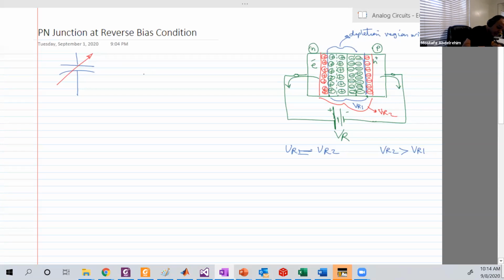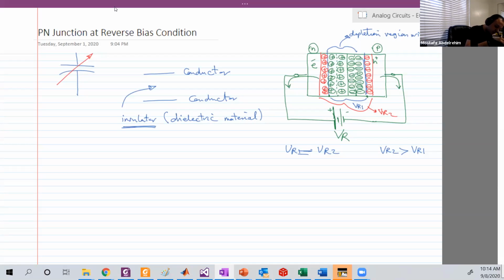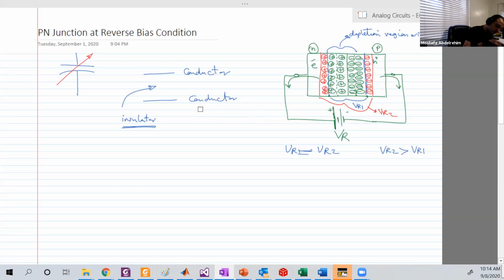A capacitor is just a plate, a conductor, another plate, another conductor, and here we have some insulator, which in material terms we call a dielectric material, or just insulator. So a conductor, insulator.